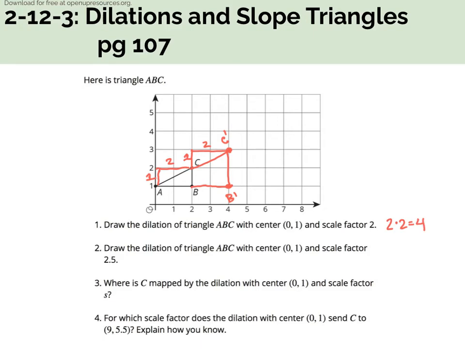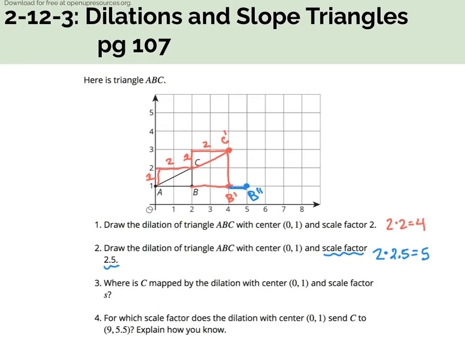So again, A to B is 2. And we're going to multiply it by the scale factor, which is 2.5. So 2 times 2.5 is 5. So our B double prime would be 5 away.